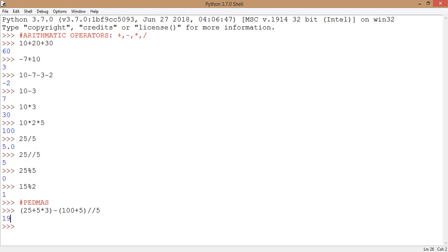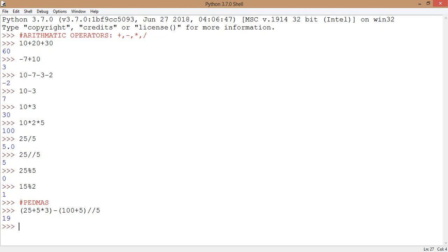Now comes the multiplication part. So here 5 into 3 got calculated first, which got added to 25. Then in this case 100 plus 5 got calculated, and later on the division part got calculated, and at the last the subtraction part got calculated. So these were the arithmetic operators.